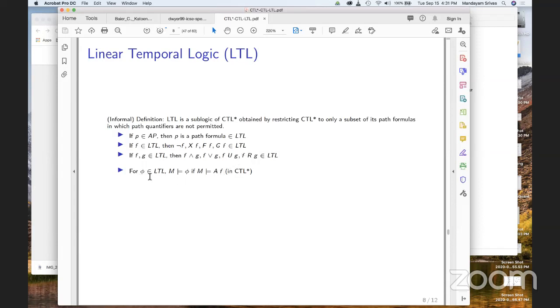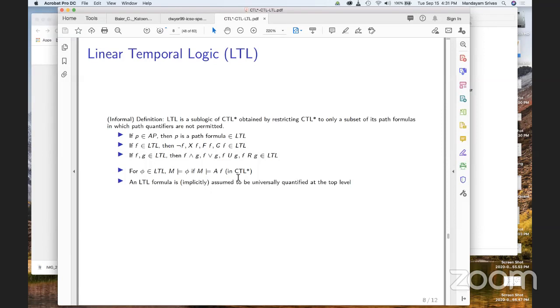For any formula phi belonging to LTL, we say that phi is satisfied by a Kripke model if an A applied at the outermost level to that LTL formula is satisfied. So in other words, an LTL formula is implicitly assumed to have one quantifier at the outermost level.